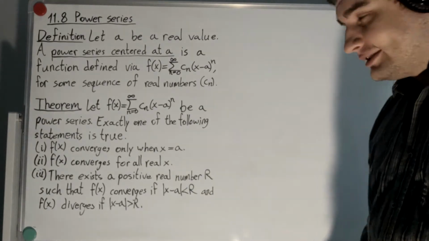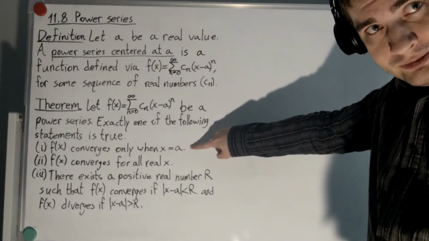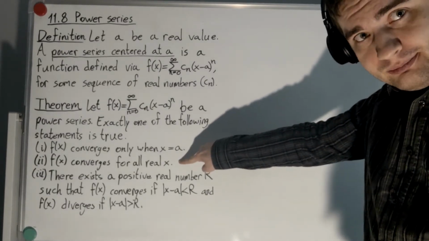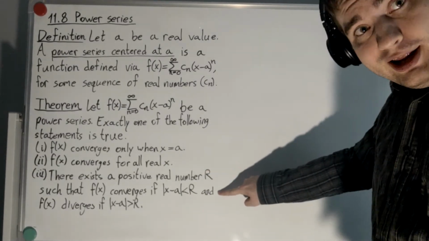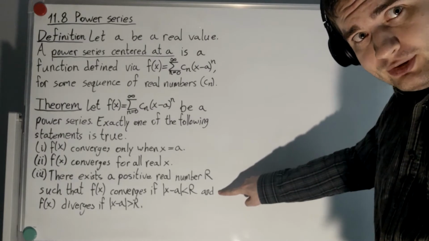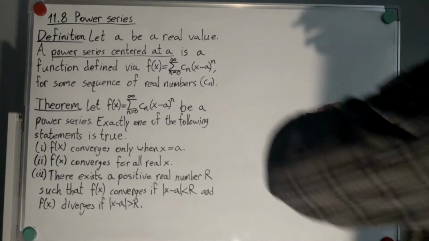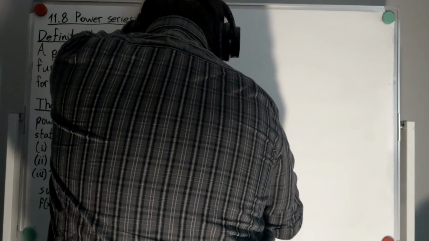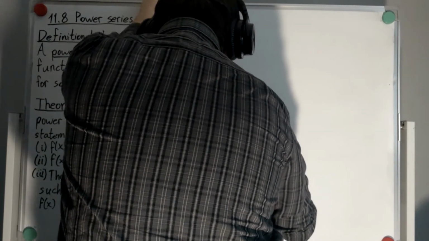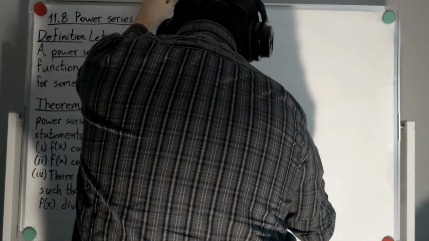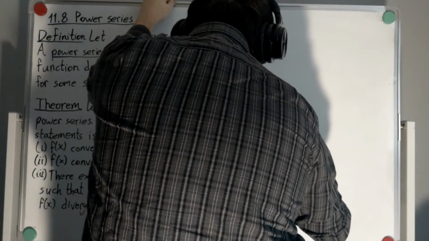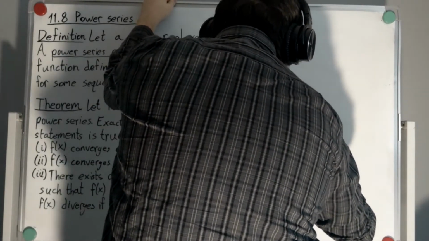If you have a power series, then either it converges at only one point, at every point, or on some interval of points. Okay? And I just want to point out a few things about this. First of all, the terminology here is if it only converges at one point, we say the radius of convergence is 0.